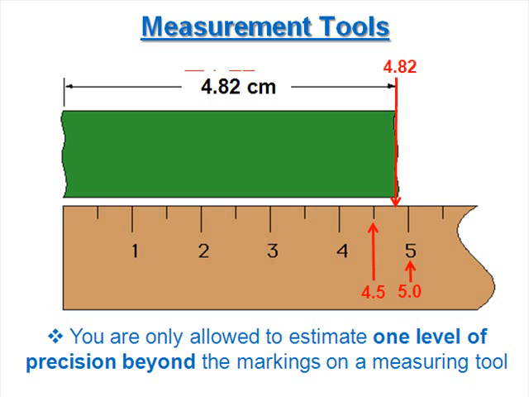So you'll notice that we have a 4, a 4.5, and a 5. Now the green bar falls between the 4.5 and the 5. And what we're able to do is estimate that the number would be 4.82, since we can indicate the 0.8 is solid and then estimate beyond that.